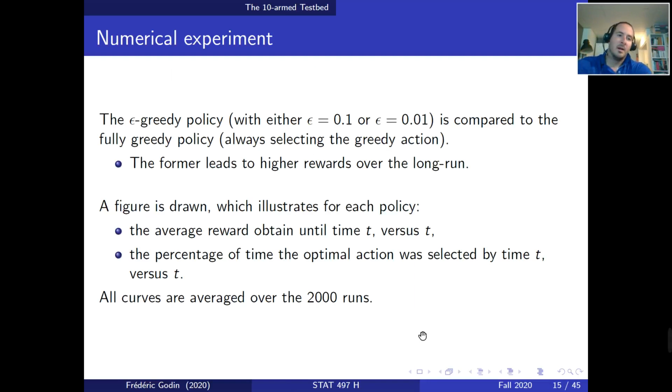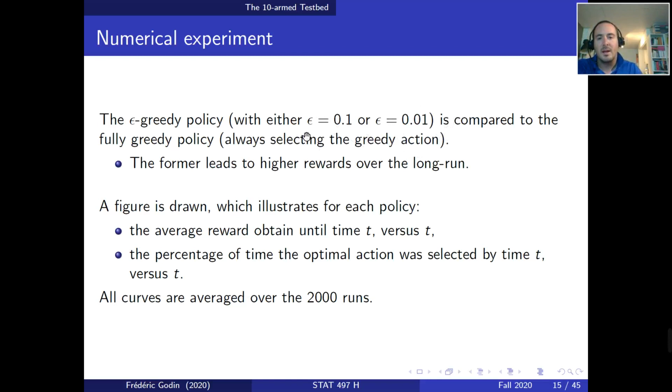What we will do here is consider this 10-arm testbed experiment, and consider 3 different strategies to pick the actions within each run. We will consider 2 epsilon-greedy policies, the first with epsilon being 0.1 and the second with epsilon being 0.01.